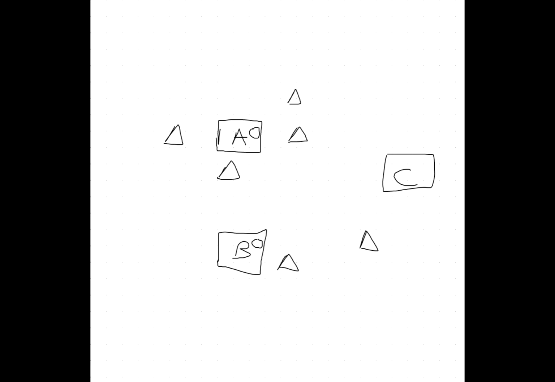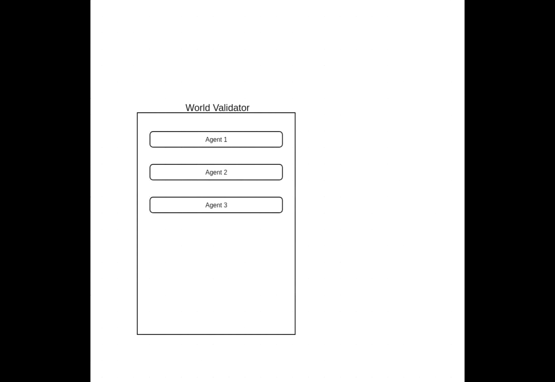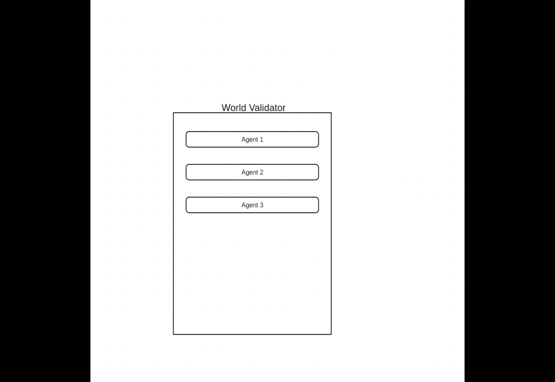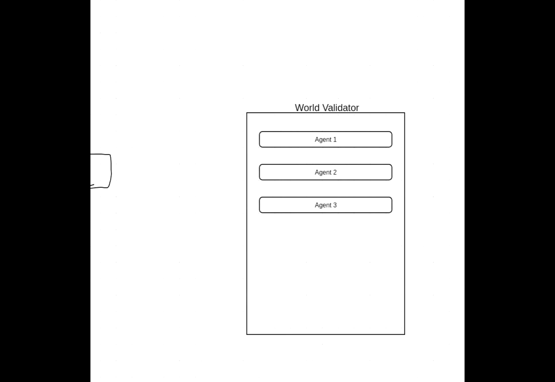Okay, so I'm trying to diagram what you're saying, Lars, to the right. So we have this world validator that has all the rules of the world. And this might be super big, so you can modify the sizes of the scripts in your personal testnet in case you run out of space.